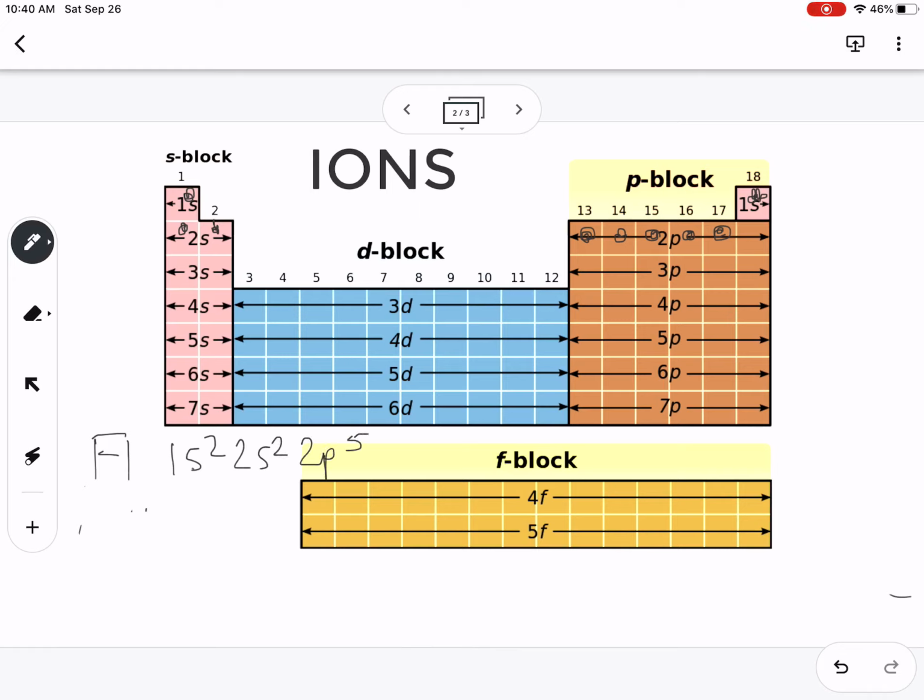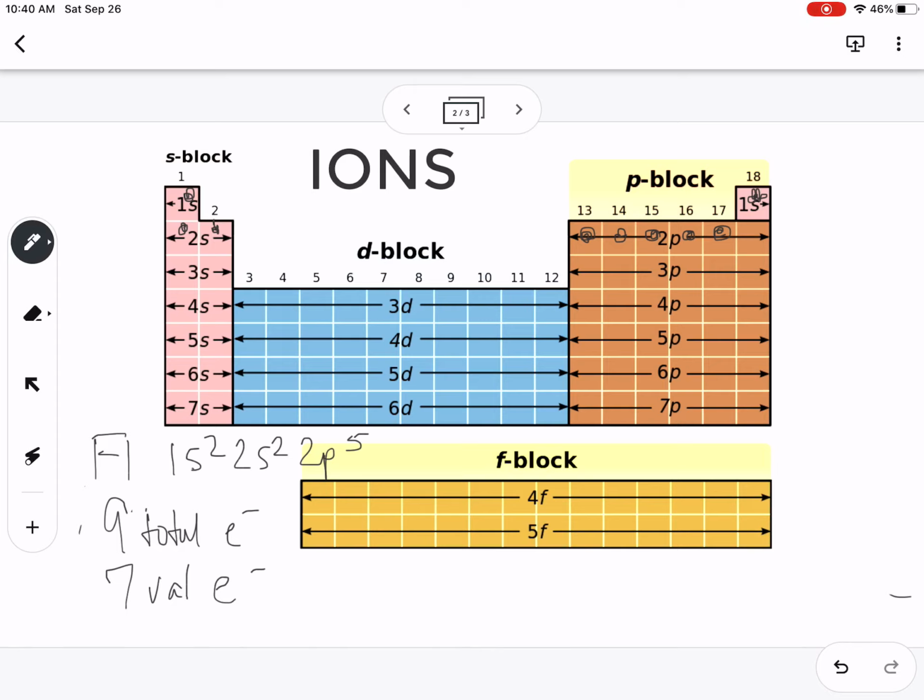And what does that tell me? That tells me it has 2, 4, 9 electrons, 9 total electrons. That tells me it has 2 plus 5, 7 valence electrons, because they were both in that second energy level.